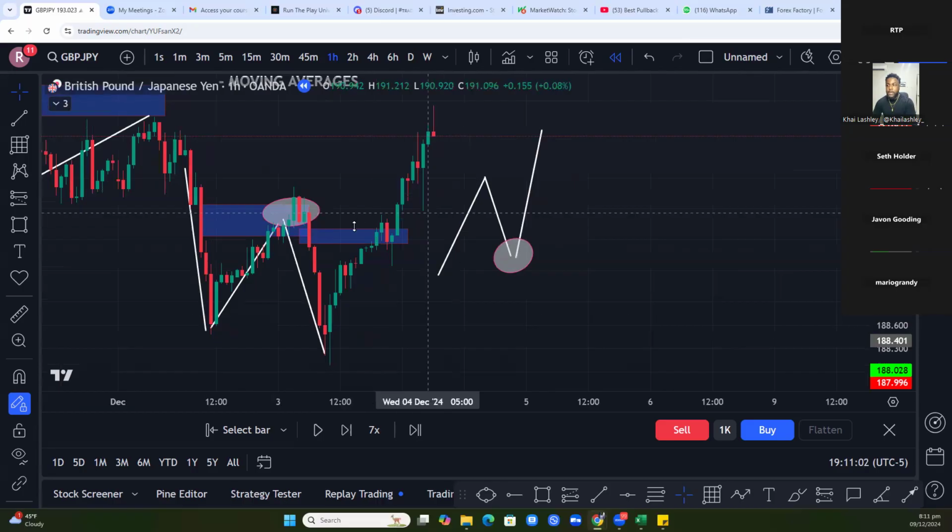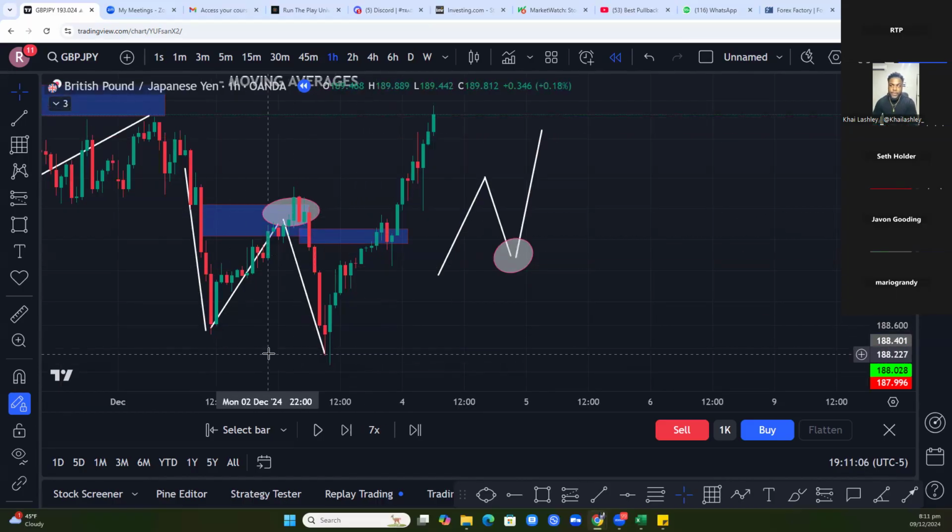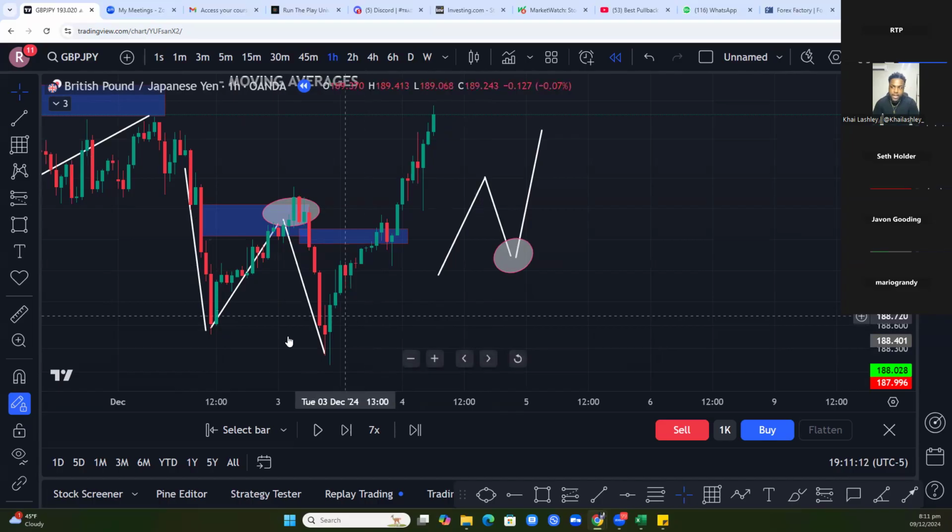Get a rejection, so we get a little rejection here, first push down. But in this area down here, this probably could have been a demand zone we traded into, for price to change direction. So that's a great example of what I want y'all to see. Of course, you don't want to just say, okay, I see price push down, I get the momentum on one side, wait for the pullback, then enter for the sell. It has to work in conjunction with overall structure.